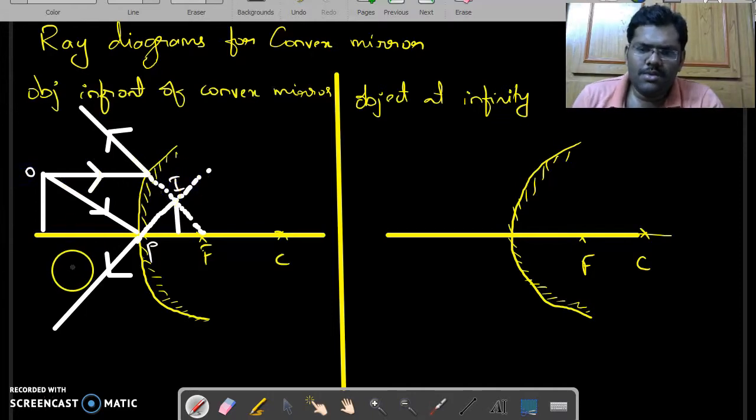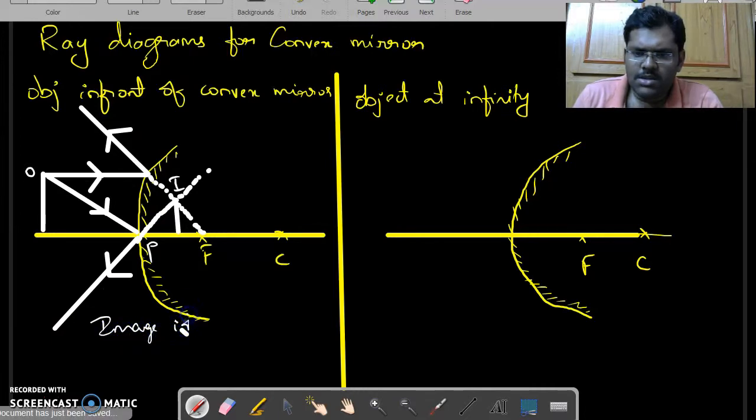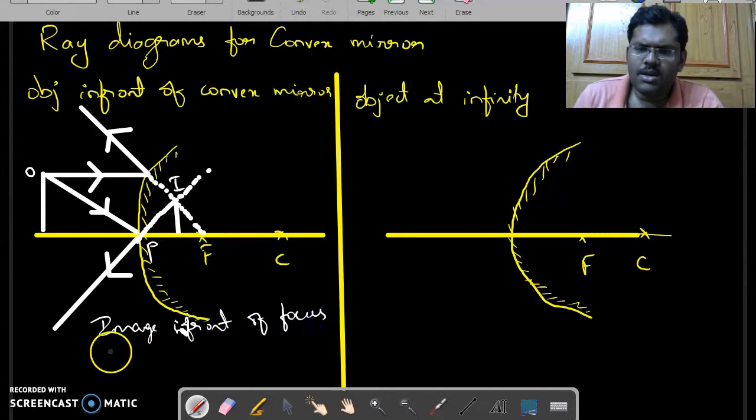So where is the image formed? The image is always formed in front of the focus, and the nature of the image is virtual.